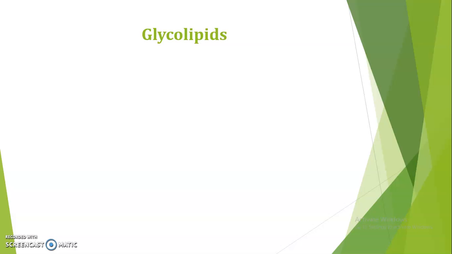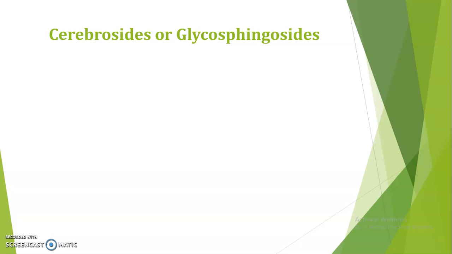Further, these glycolipids are also classified into two classes. One is the cerebrosides, which are also known as the glycosphingosides, and the second class of glycolipids is gangliosides.